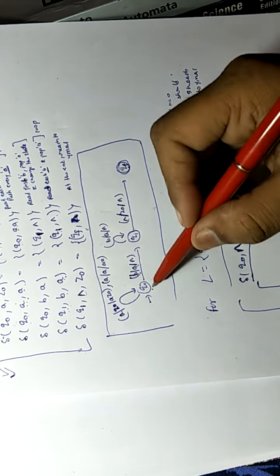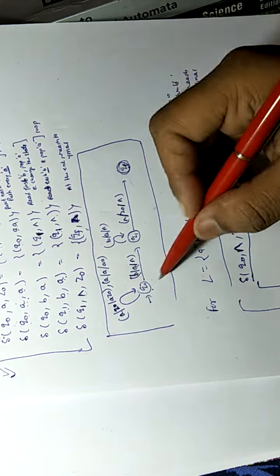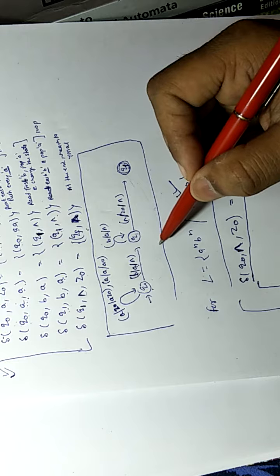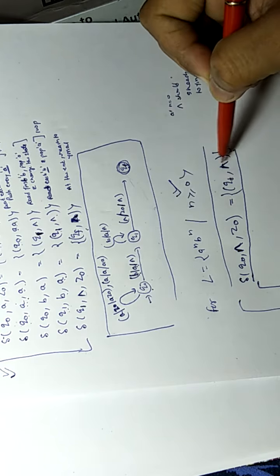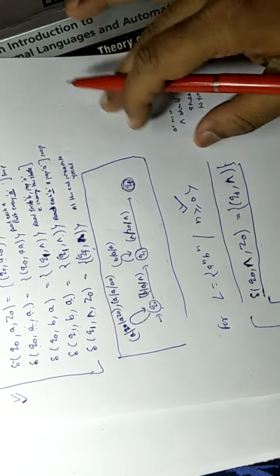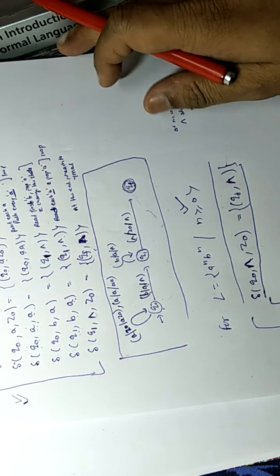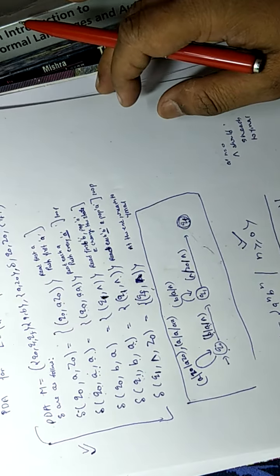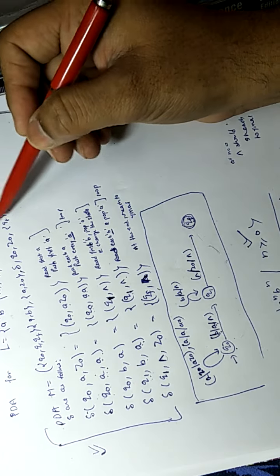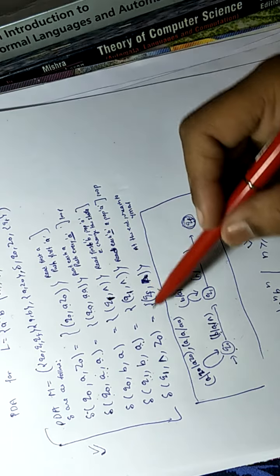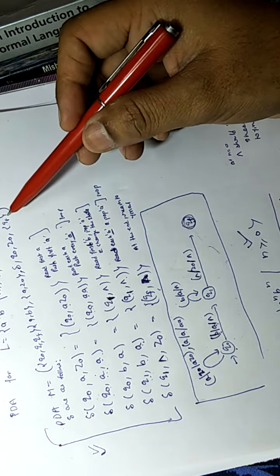We can add a transition from here to here, where we get epsilon at the start and z0 at the top of the stack, and we have to pop it, or we can leave it. It is better to pop it because the PDA may be asked to be designed using acceptance by empty stack, by writing epsilon, by writing phi, and not mentioning any final state.